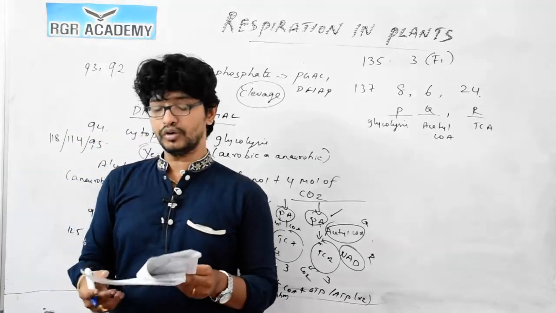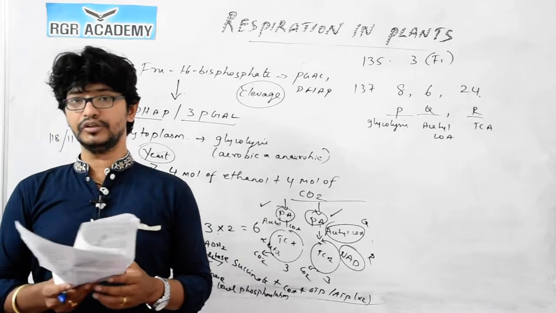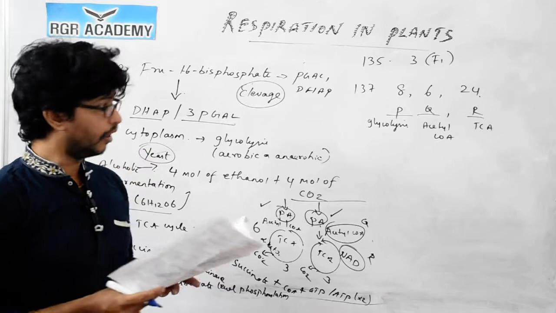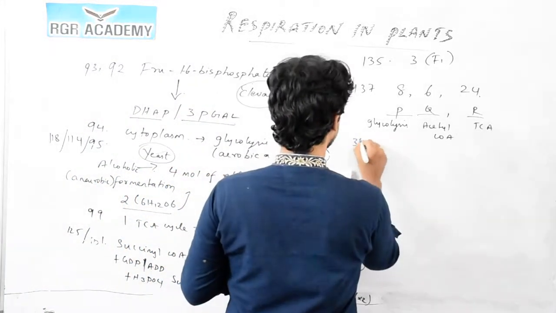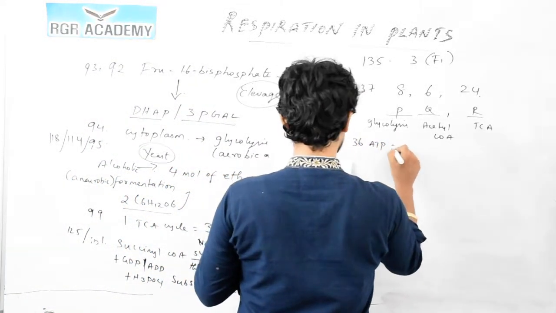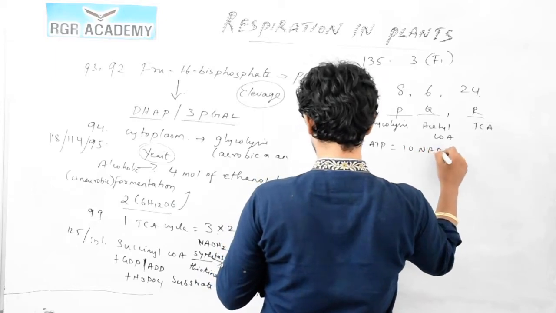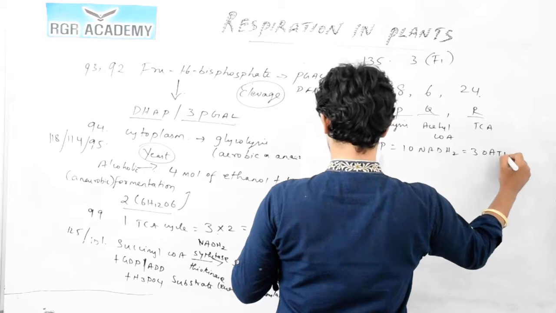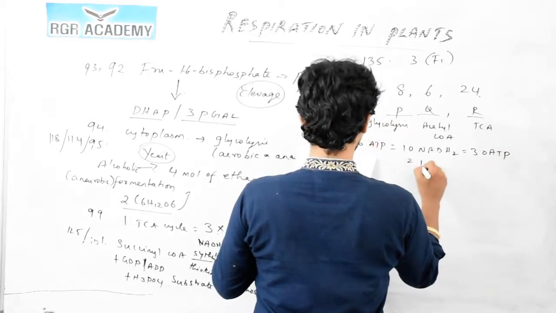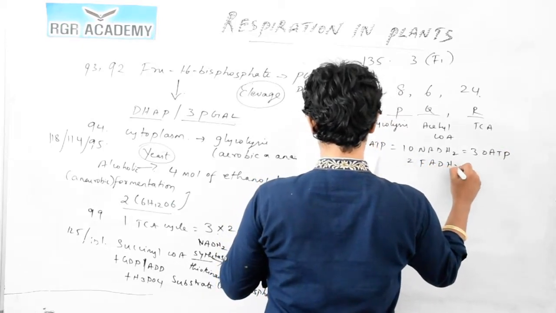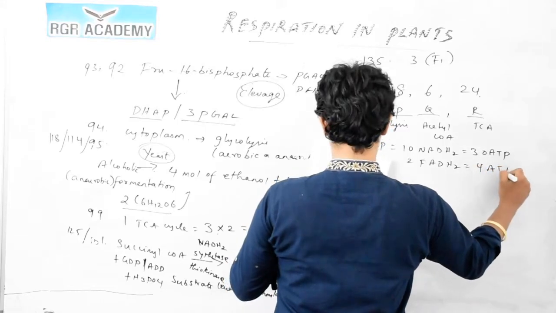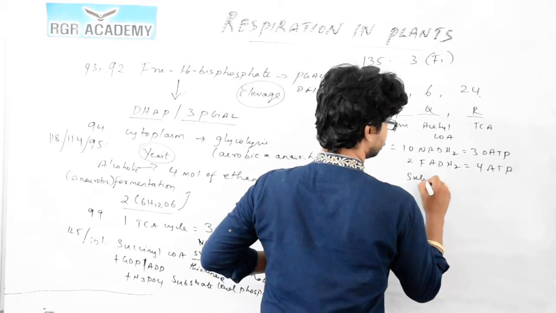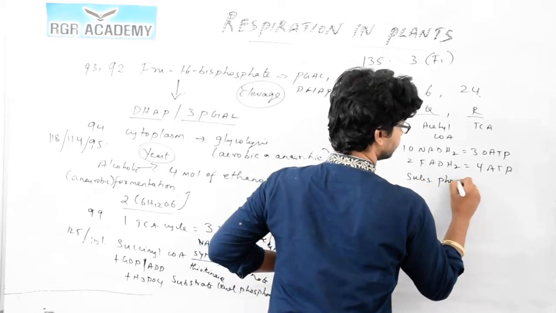So, we could see that 1 glucose molecule in aerobic respiration gives altogether 36 ATP. When we calculate, 10 NADH2 is equal to 30 ATP, then 2 FADH2 is equal to 4 ATP, and 4 ATPs are formed by substrate phosphorylation.